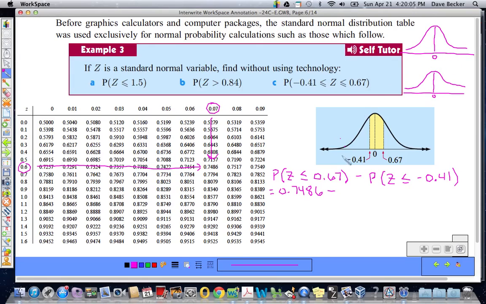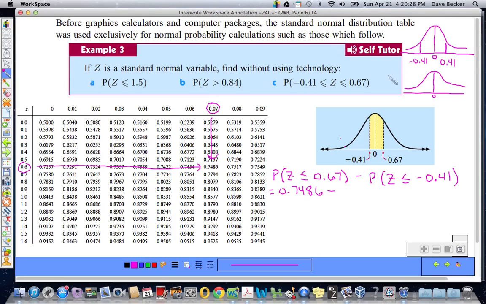Well, we don't have negative 0.41, but we do have positive 0.41. So here's 0.41. And I think you will agree that negative 0.41 is the same distance from the mean as positive 0.41. In fact, it's 0.41 away from the mean.